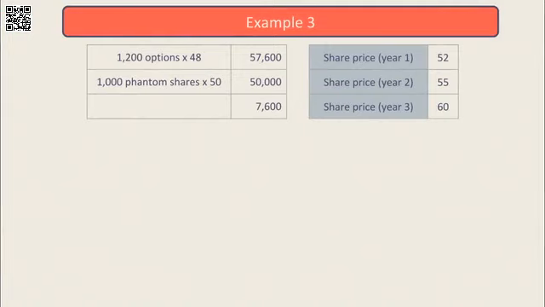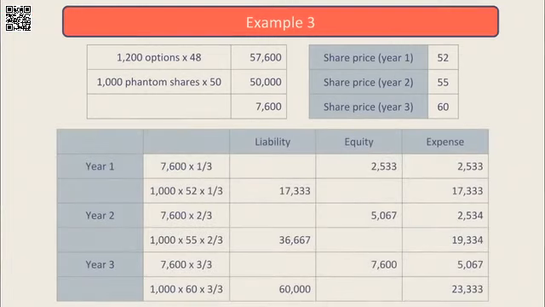Given that equity is a residual interest and 1,200 options times 48 is 57,600, the residual interest after deduction of the liability is 7,600. Therefore, 7,600 will be treated as an equity-based scheme and the 50,000 as a debt-based scheme.